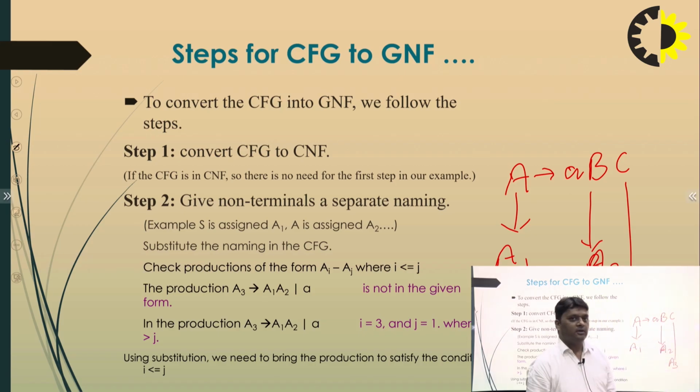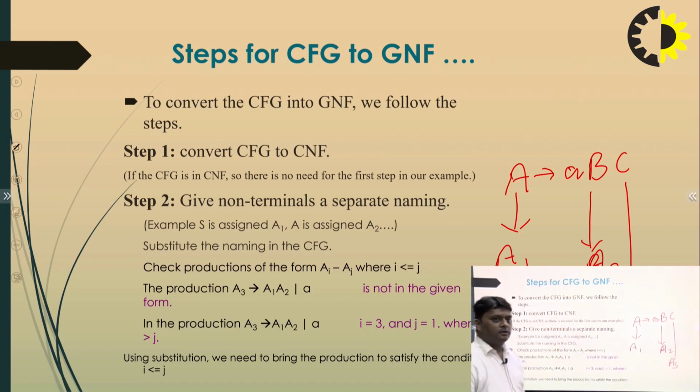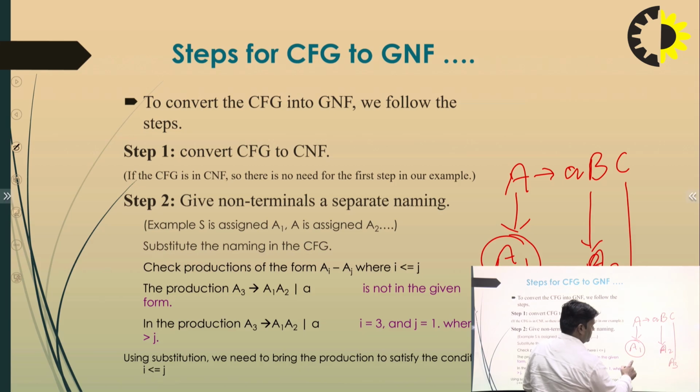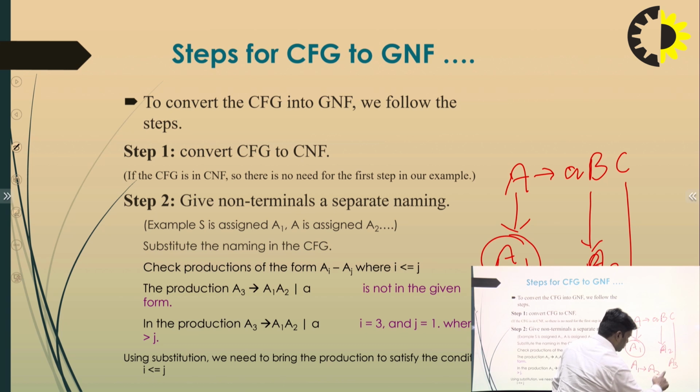In this way, we give each non-terminal a separate symbol. After that, we have to check that the productions are in the form Ai implies Aj, where i should be less than or equal to j. For example, we take a grammar with A1, A2, A3, A4 of this type.